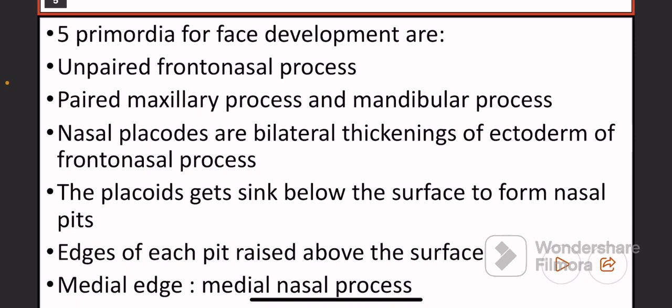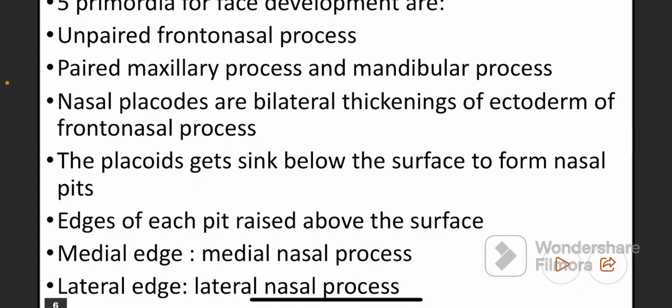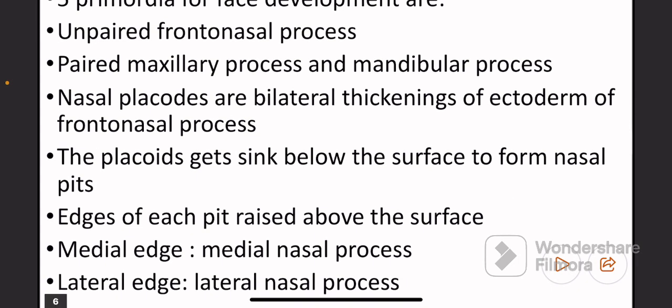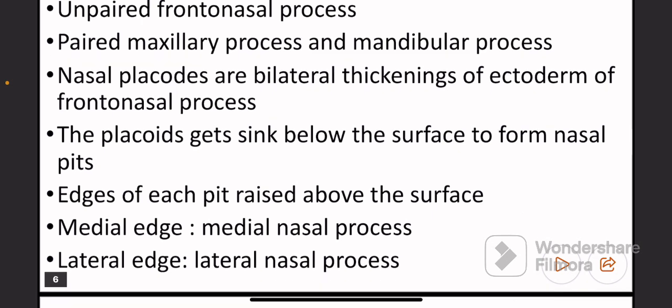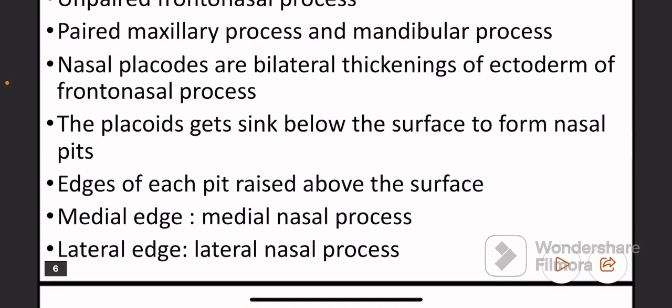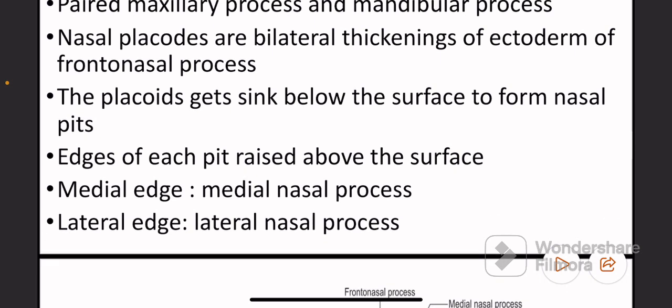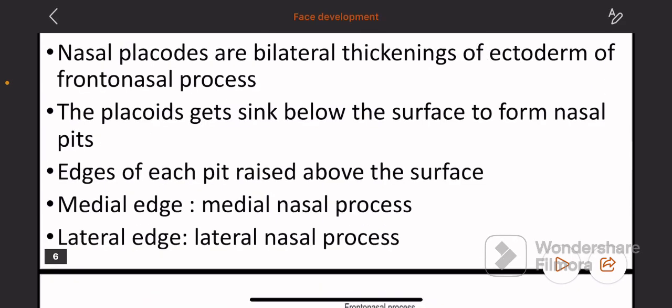There is another structure known as the nasal placode, which is formed by bilateral thickening of the ectoderm of the frontonasal process. Later, this placode sinks below the surface to form the nasal pit, and the edges of each pit rise above the surface. The medial edge which rises above the surface is known as the medial nasal process, and the lateral edge is known as the lateral nasal process.